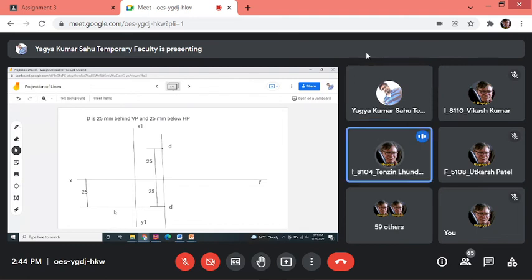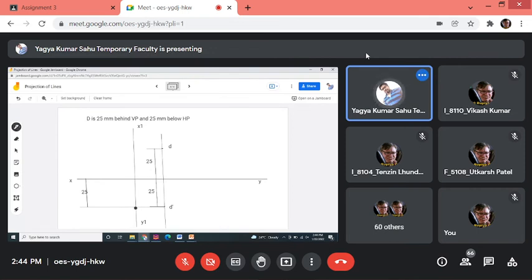And the distance of the side view from x1, y1 and the distance of the top view from xy, both will be equal. In this case both are equal. So directly from this particular point, take a radius of 25 and find a point. What will this point be?